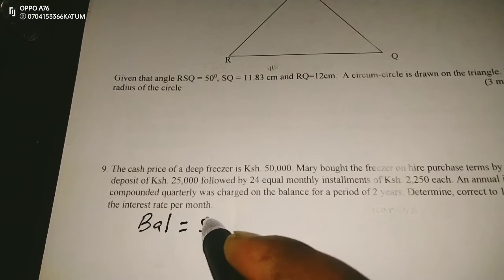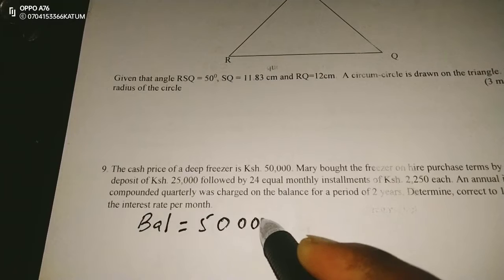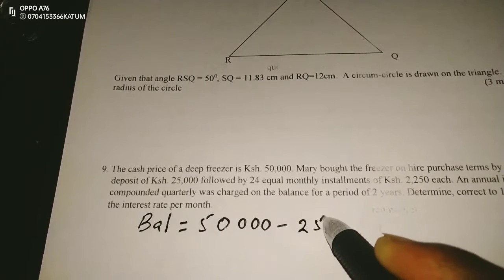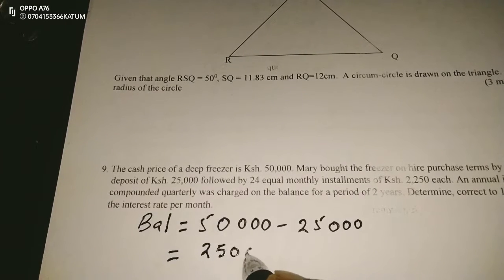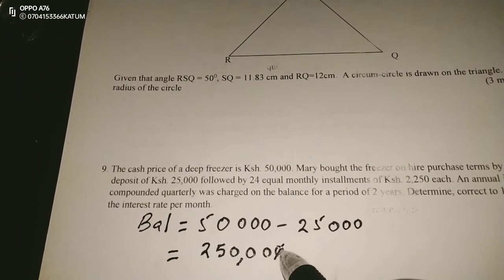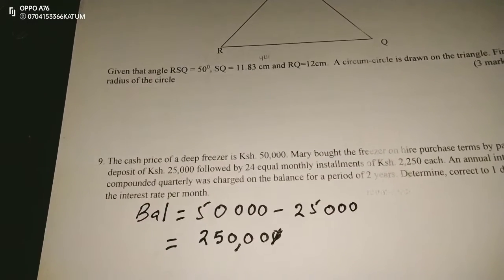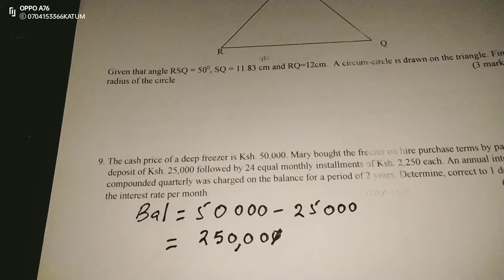The actual balance is the difference between the cash price and the down payment made, which becomes 25,000 Kenya shillings.